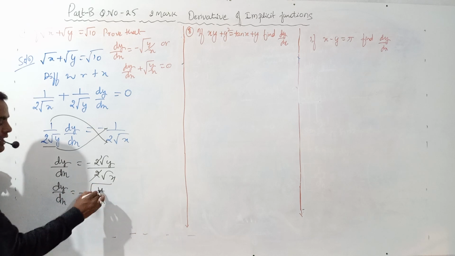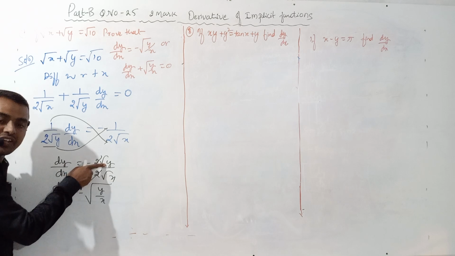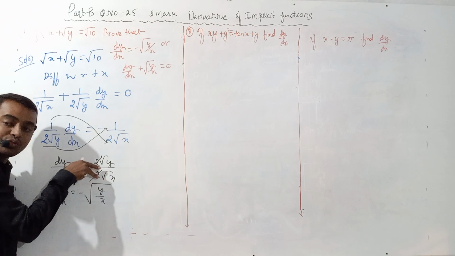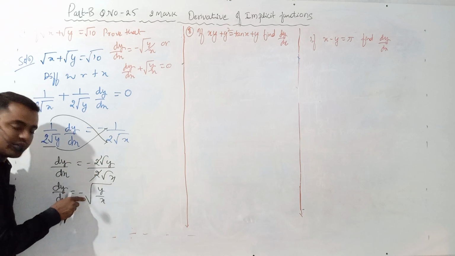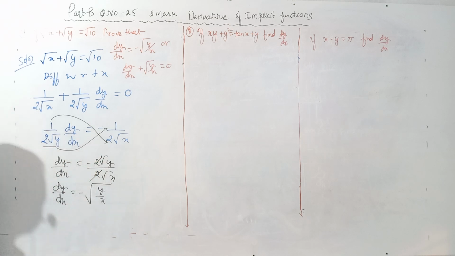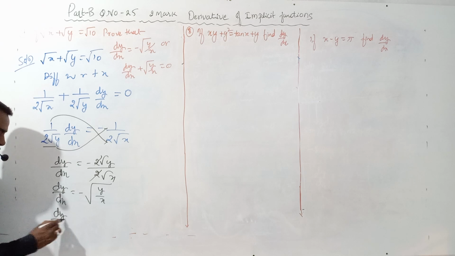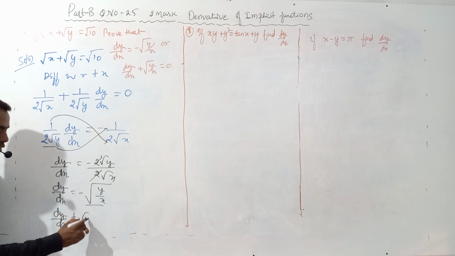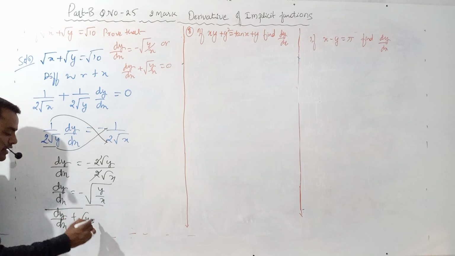I am writing a common root, because y is also having the root, x is also having the root. For that reason I am writing these two, y and x, under a common root. That is minus root of y by x. Then bring this to the left hand side, dy by dx plus root y by x is equal to 0.